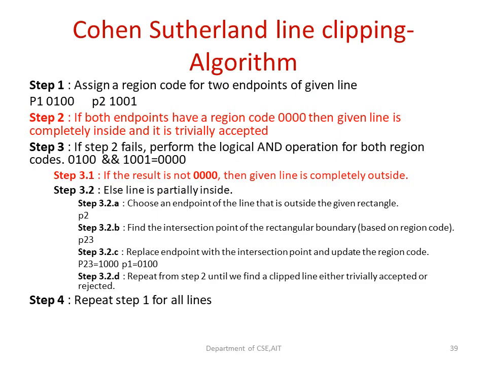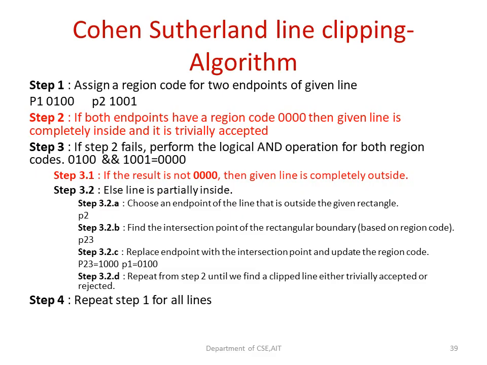So we will just see the region code, and you can see that it is partially inside. So we consider the point which is outside the given rectangle, that is P2. Then I'm going to find the intersection point, which is P23.